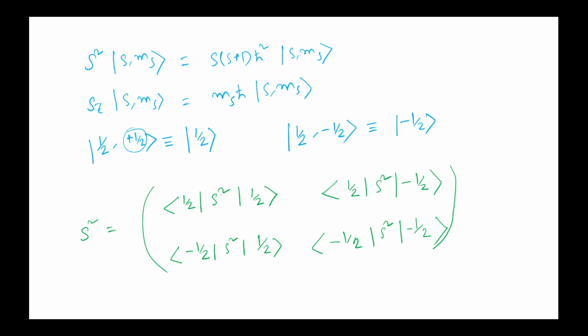When s square operates on |1/2, 1/2>, what will be the value? You put s equal to half here, so you get half times half plus 1, h cut square, which is 3 by 2 times half, giving 3 by 4 h cut square.